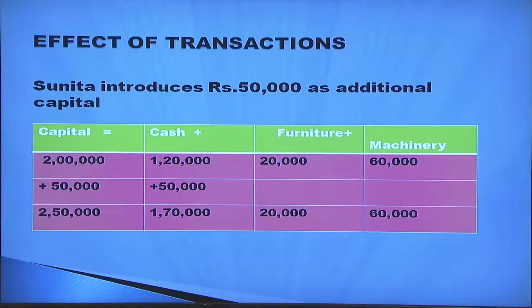That is, plus 50,000 in the cash column. As additional capital, this cash is coming. So, in the capital column, rupees 50,000 is increasing. So, the new accounting equation will be 2 lakh plus 50,000 is 2 lakh 50,000 equals cash of 1 lakh 70,000, furniture of 20,000 and machinery of 60,000.